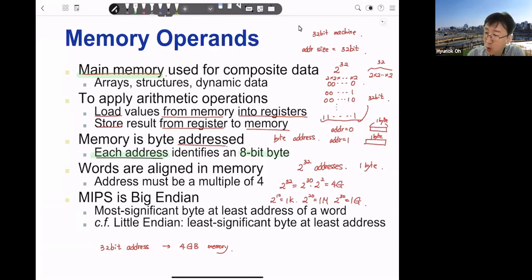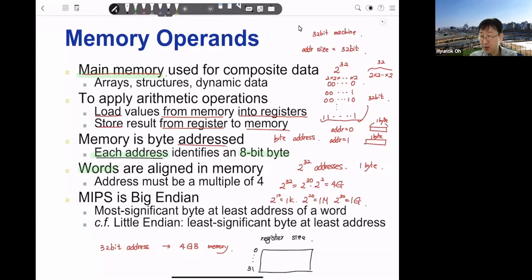And then word. A word is the basic unit to transfer between memory and register. So what's the register size? Do you remember? In MIPS, how many registers are there? From 0 to, do you remember? Yeah, 31.